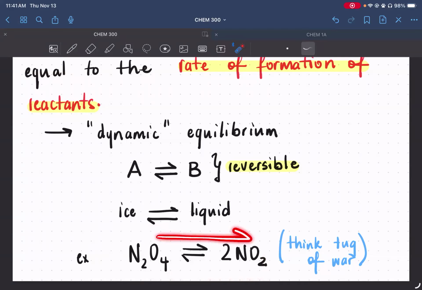Equilibrium is established because both directions are pulling, but they're pulling at the same rate such that no side is clearly winning. We know that a reaction is happening, but they're occurring at the same rate such that we don't see a clear difference.